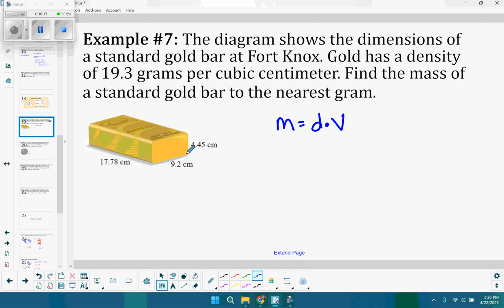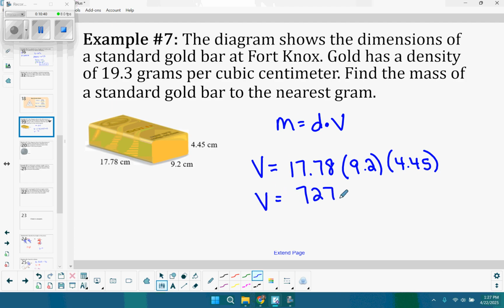So this is a rectangular prism, which means I can use length times width times height. So we're going to do 17.78 times 9.2 times 4.55. And we're going to get a decimal. That's okay. We're going to write the whole thing out. So my volume is 727.9132. So mass will equal 19.3 times that number that's in my calculator.